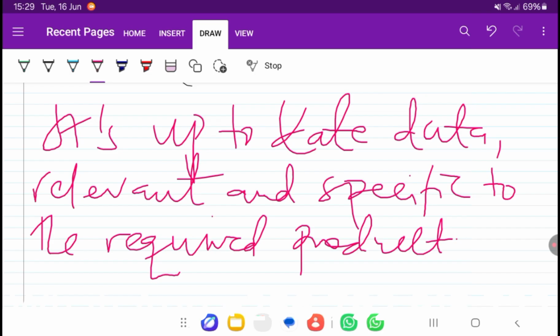So when you go to the field, you get up-to-date information that you have collected in real time. You look at the prevailing conditions and you capture the information that is going to be relevant for the decision that you want to make.